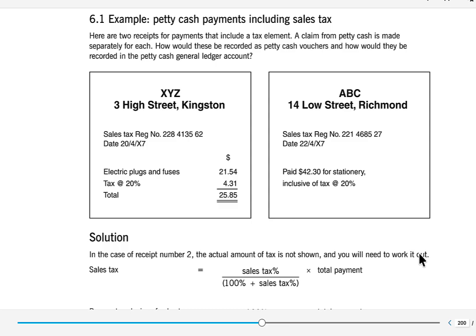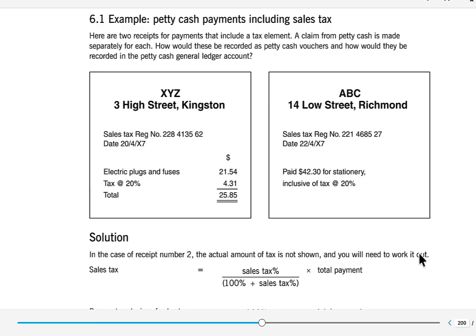Part 1. Receipt number 1. XYZ shop in Kingston. The first receipt is from a supplier called XYZ. The receipt shows the sales tax clearly and separately. It shows three important numbers. 1. The cost of the goods before sales tax. That is electric plugs and fuses. Amount is $21.54. 2.